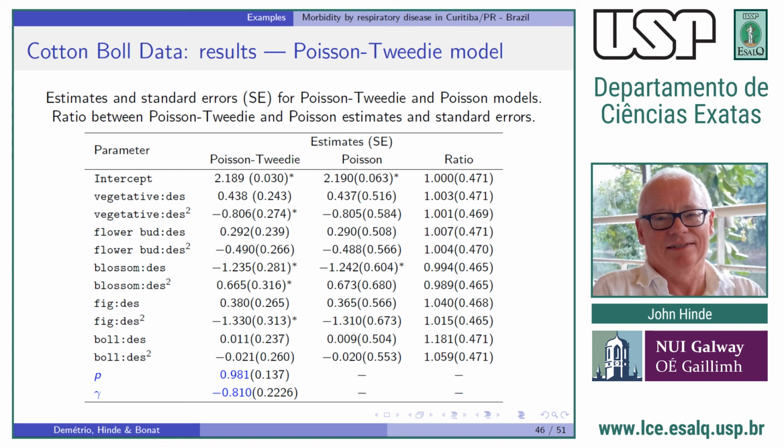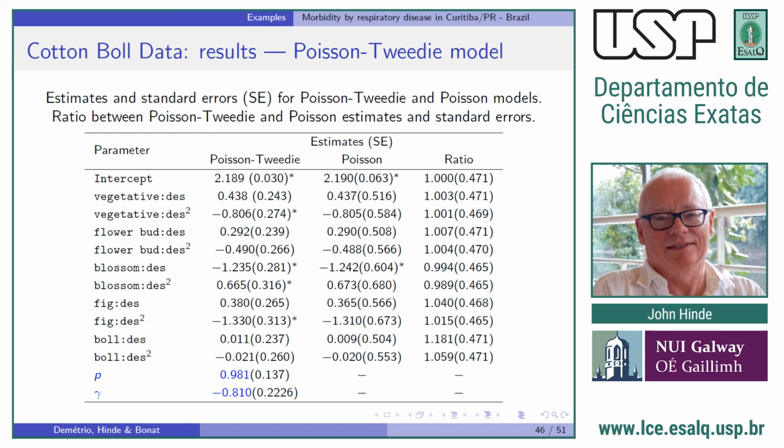So it's very much as though we had a variance function of mu plus gamma mu. Only gamma's negative, so in this case it's mu minus 0.810 mu, which of course is 0.19 mu.